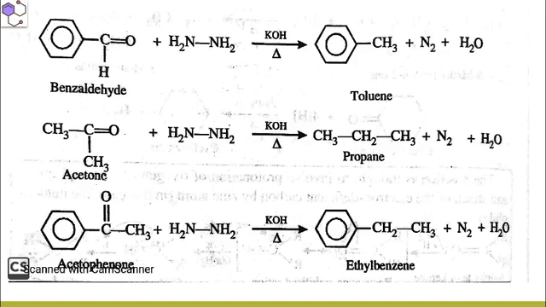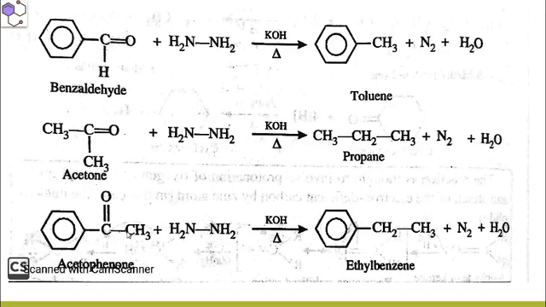So how will you convert acetone to propane? We have two methods. One is Clemmensen reduction, in which we are using zinc amalgam and HCl. But in Wolff-Kishner reduction, we are using hydrazine and KOH. Both methods we can use for the conversion of acetone to propane.